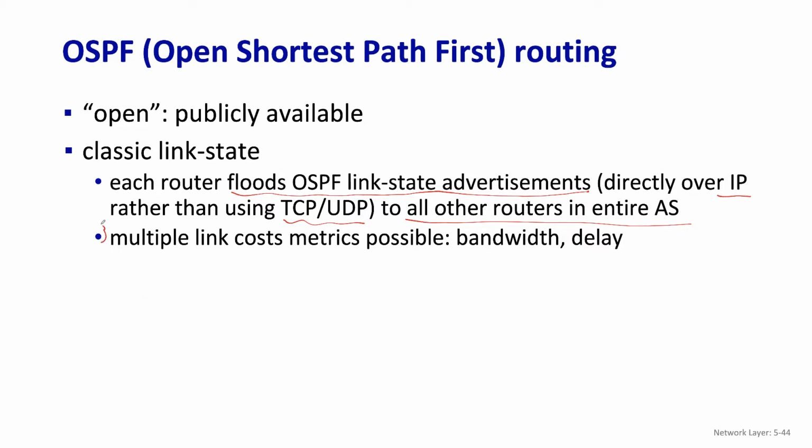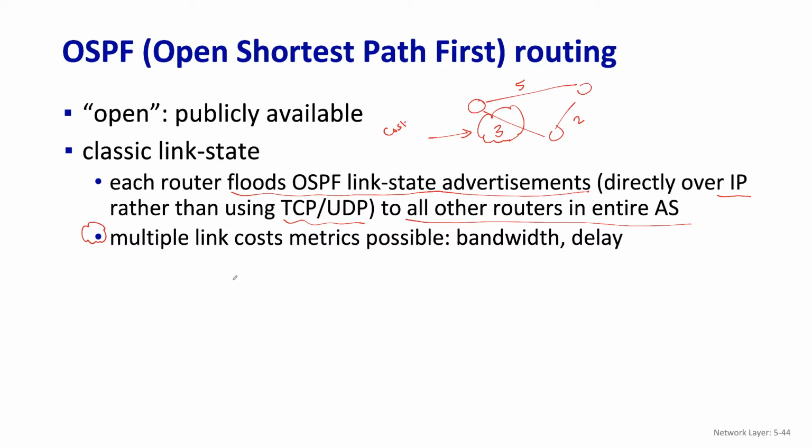OSPF supports multiple metrics. If you recall, if we have a network or graph like this, we used to have some numerical notation here, let's say 3, 5, and 2. We called this a cost before.